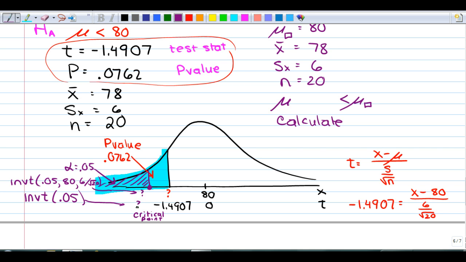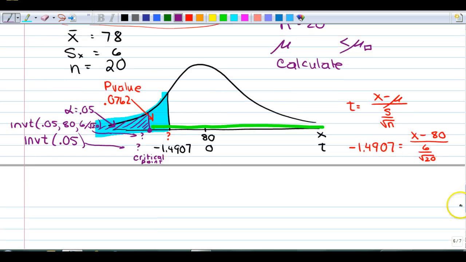And are we accepting or rejecting our null hypothesis? Well, the acceptance region is from the critical point on over. So we're accepting the null hypothesis, but stat people don't ever like to say that. We say we fail to reject.